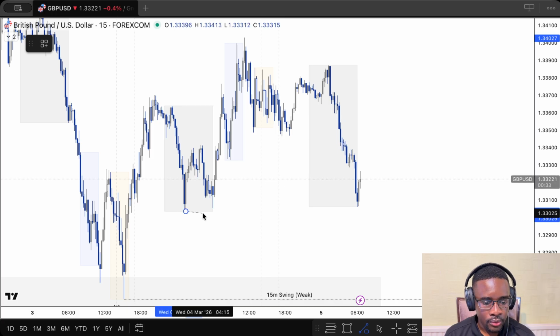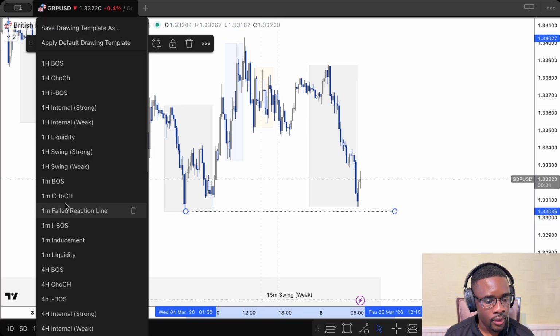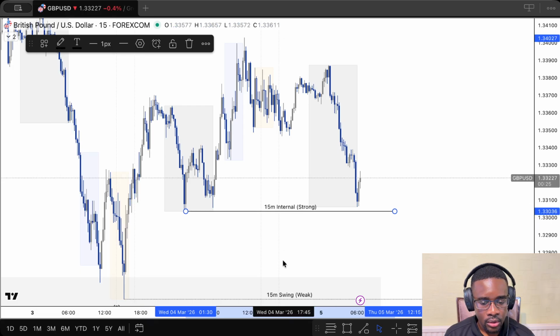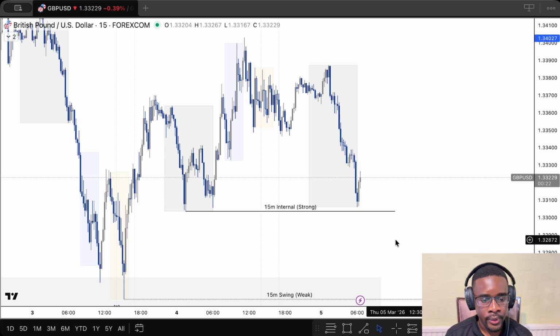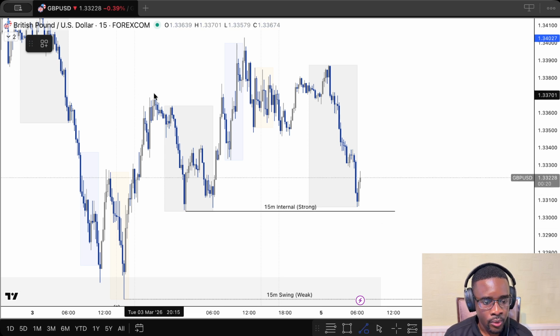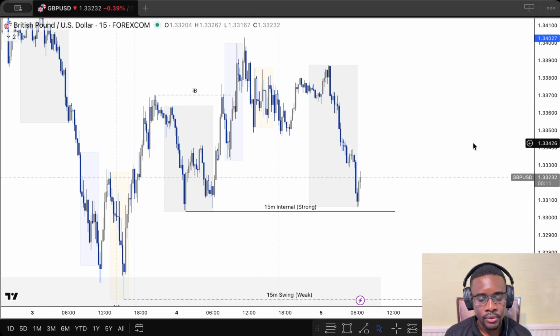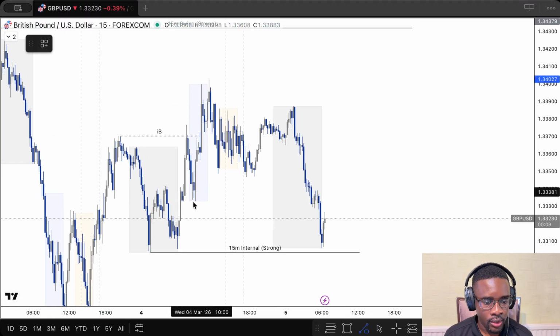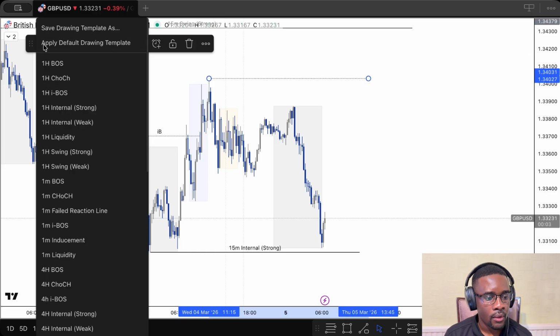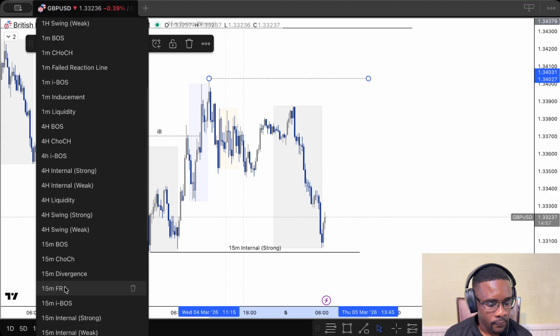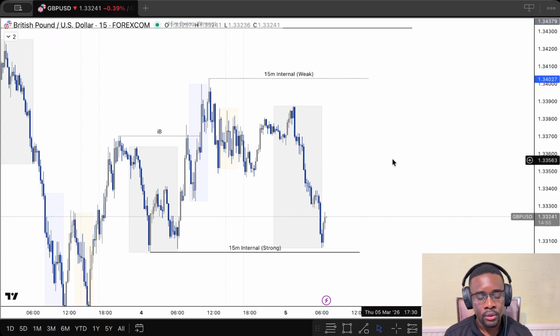So I'm going to mark that as my 15M strong internal. And this is where we had our break of structure, so currently that becomes my weak internal.